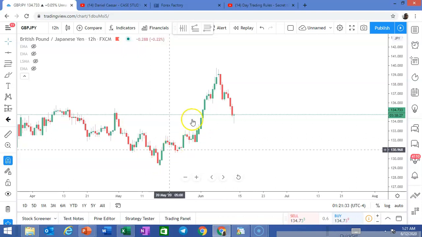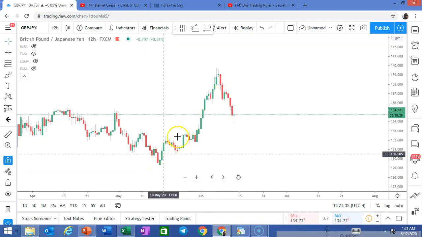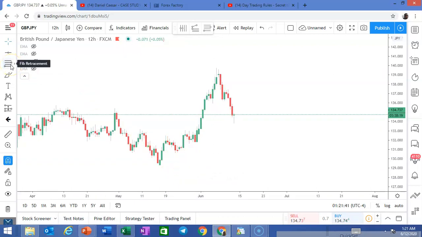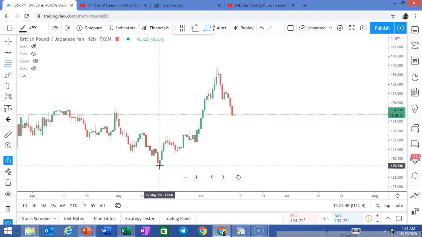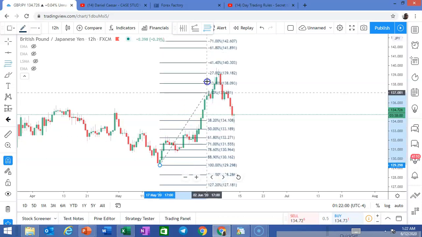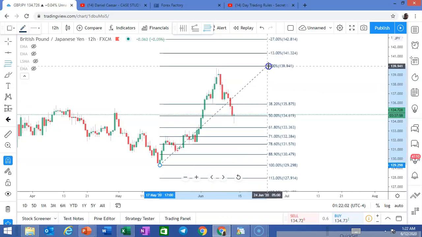Back to the strong impulse move. This is a strong impulse move to the upside here. So what we would do is take this Fibonacci retracement tool and go in the direction of the impulse move. Since the impulse move is going up, we would start at the bottom and bring it up to the top.